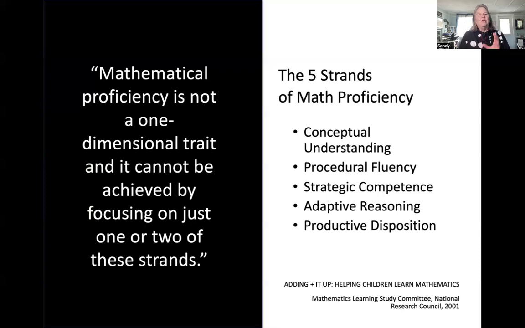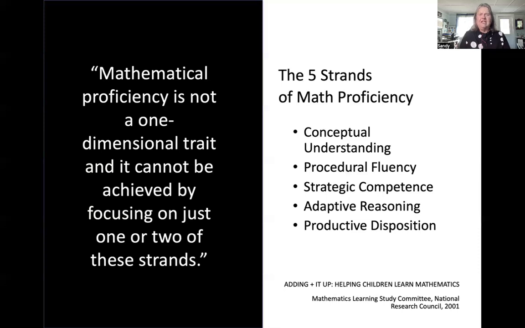So again, we want to make sure they're good at all 5. They know the why, the conceptual. They're flexible in the procedures. They can come at a problem a lot of different ways and know the most efficient strategy. They have strategic competence. They know they can use math to solve problems and know which math works best for them.